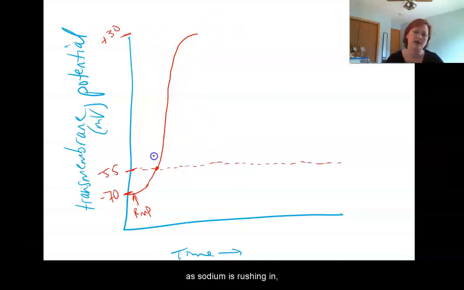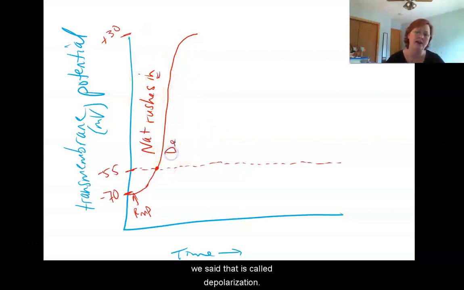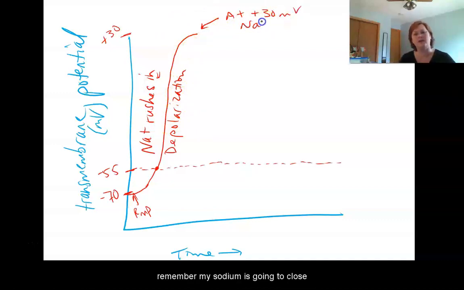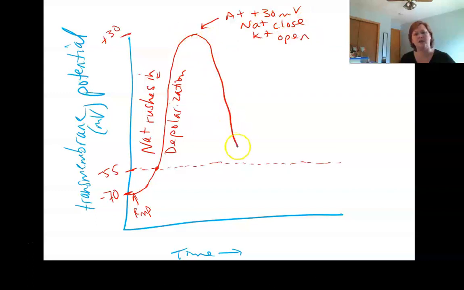So as sodium is rushing in, we said that is called depolarization. When I hit positive 30, remember my sodium is going to close and my potassium gates are going to open. Potassium is then going to rush out, and it's actually going to overshoot a little bit, and then it'll come back to resting.